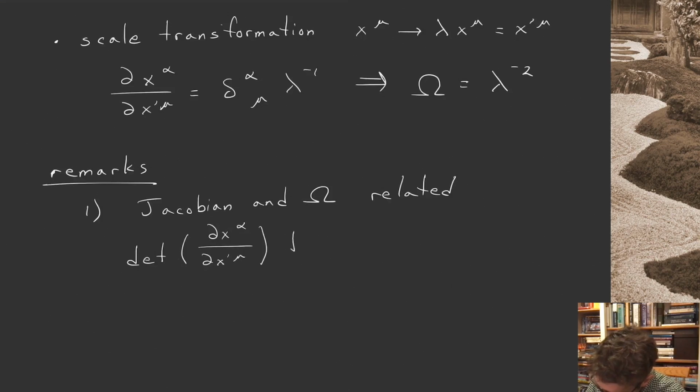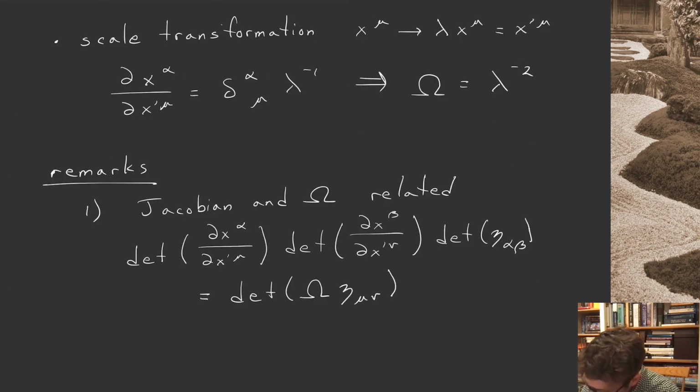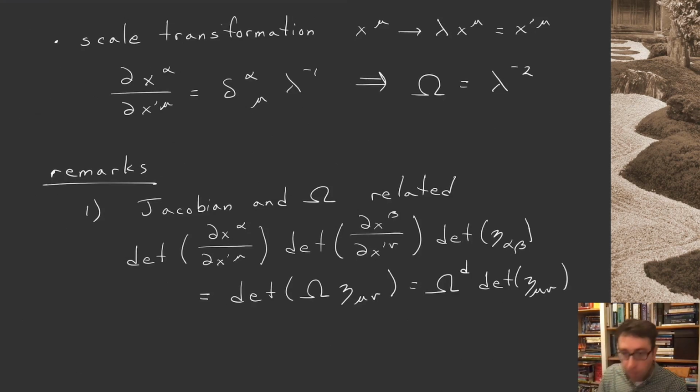There were 2 of these, so I get 2 factors of the Jacobian, dx beta dx prime nu, multiplied by the determinant of eta alpha beta, and this must be equal to the determinant of omega times eta mu nu, which I can write as the determinant of eta mu nu times omega to the dth power, where d is the space-time dimension.